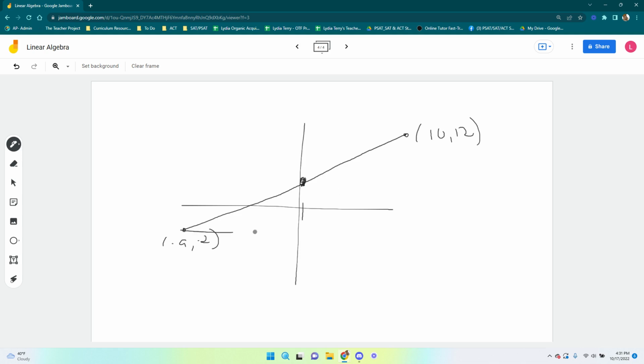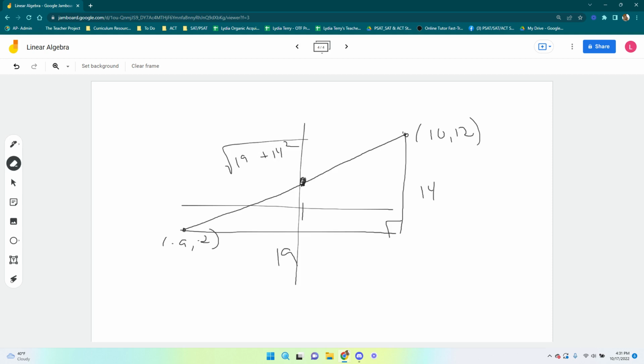The distance formula, just draw a right triangle. Don't even do the subtraction or the change of whatever. Don't do that. Just this 19 and 14. Okay, so this is going to be the square root of 19 squared plus 14 squared.